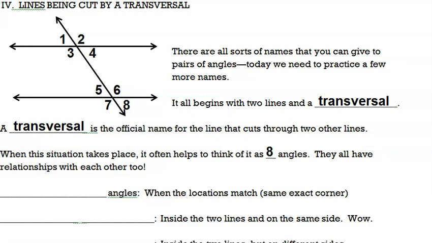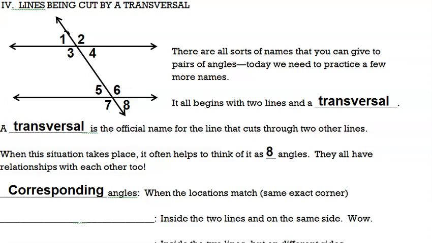All right. Now, there are a ton of different relationships that pop up in this picture here. And the first name that we use is corresponding angles. So what happens when you have two lines being cut by a transversal and the angles that we're talking about match up? That would be like upper left, upper left.